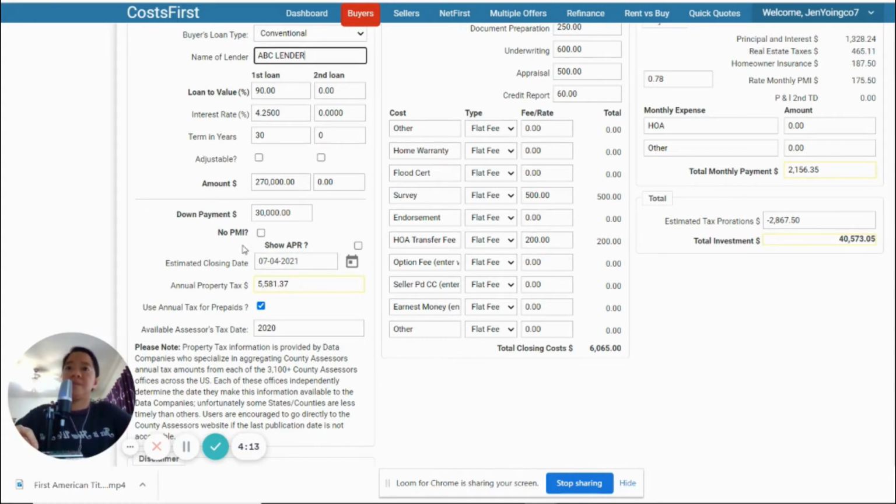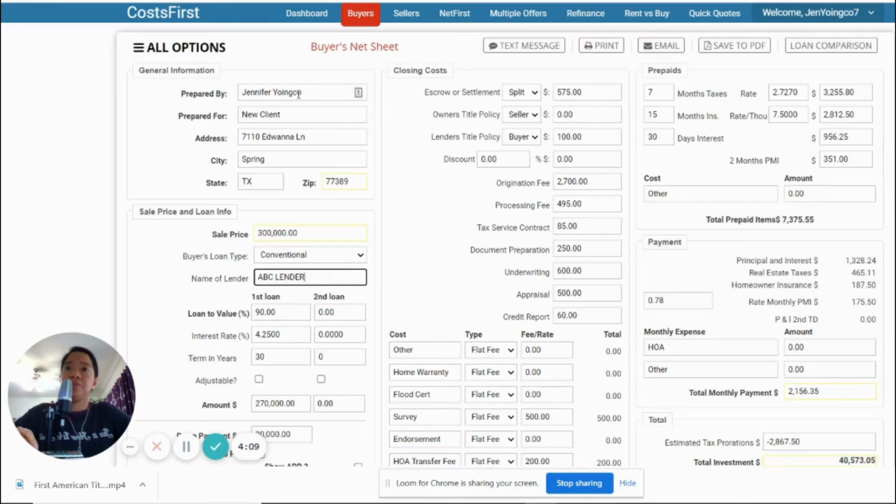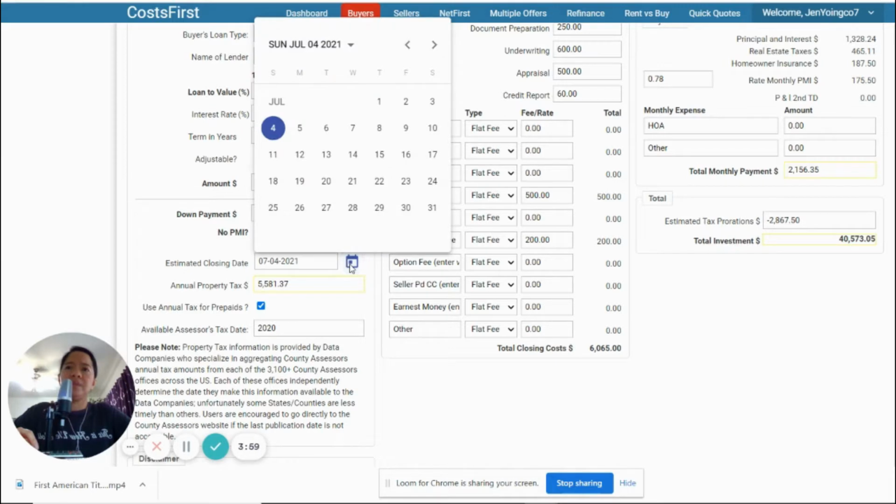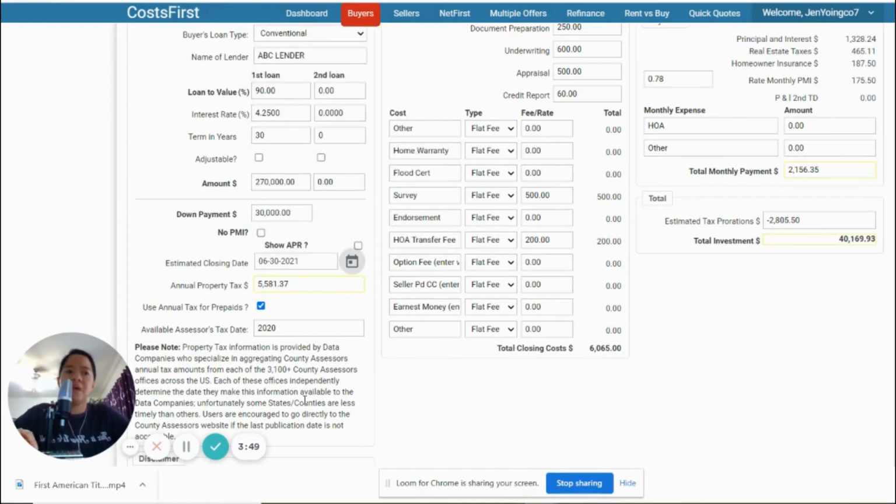Because your down payment is 30,000, which is 10% of 300,000. The estimated projected closing date is July 4th. To be realistic, let's put June 30th, at least a 30-day, more or less 30 to 45-day period.